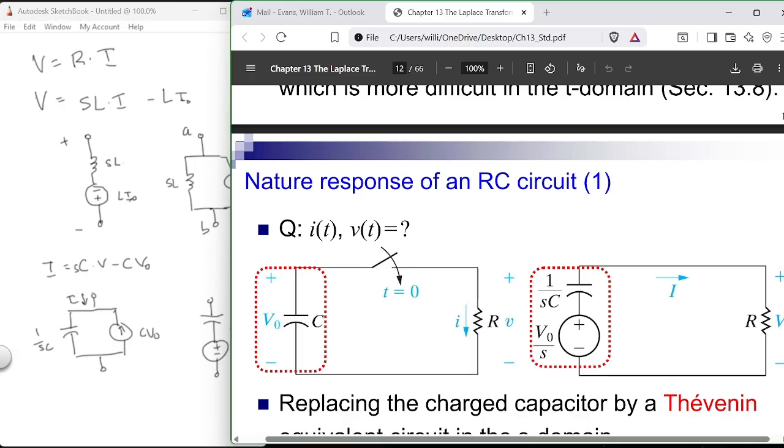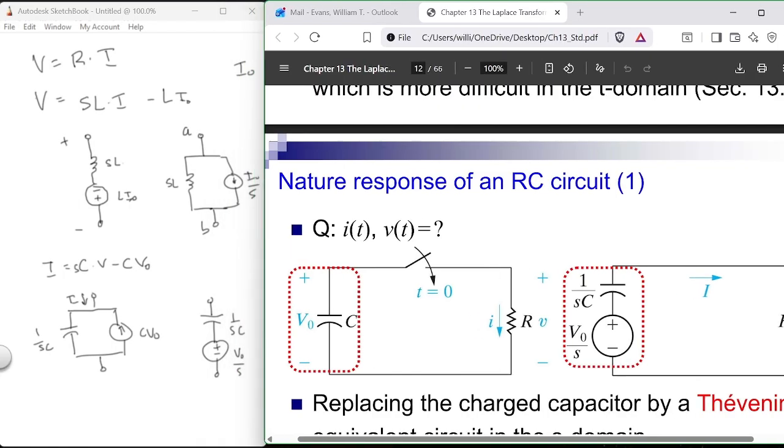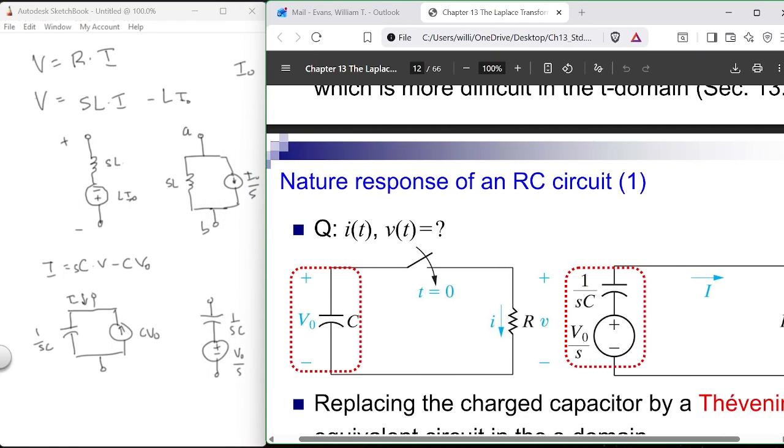In other words, how do you convert this in the time domain to this in the frequency domain?